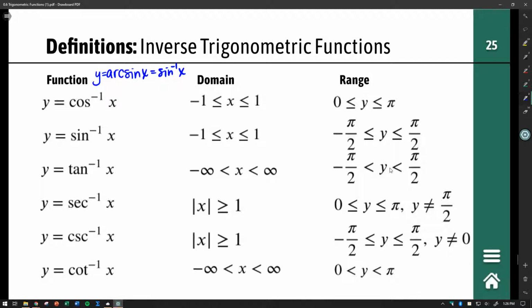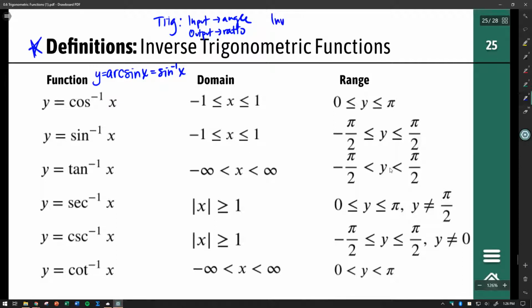And this is an important slide if you ever need to go through the domains and ranges of each of these inverse functions. And keep in mind that inverse trigonometric functions flip-flop or reverse the domain and ranges. So with trig functions, the input is an angle and the output is a ratio.